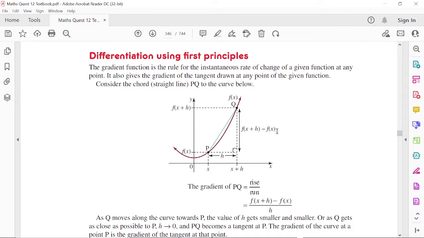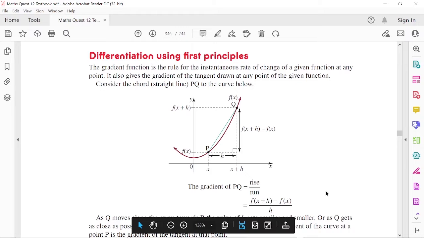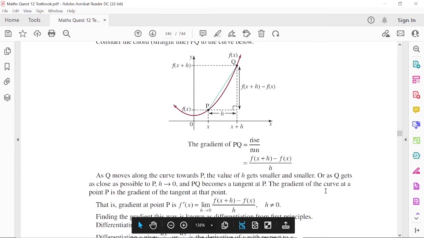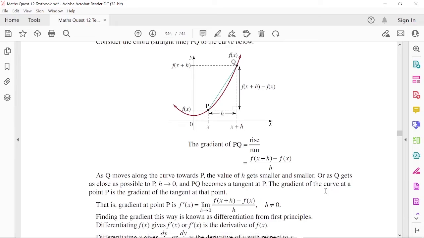So that's our rise. And our run is the distance horizontally between the 2 points, which is h. And so this f of x plus h minus f of x over h is the gradient of that line, which we call a secant, between points P and Q.